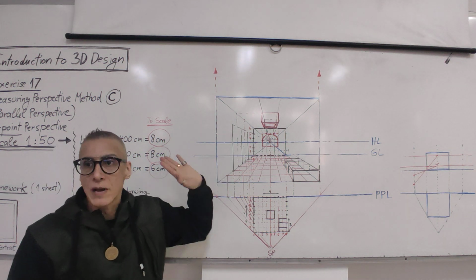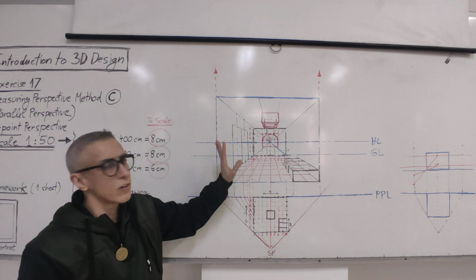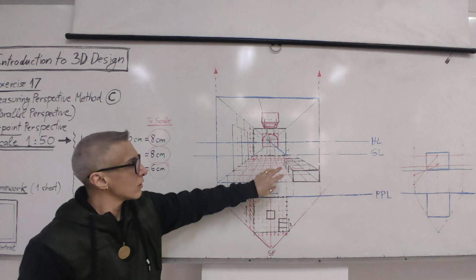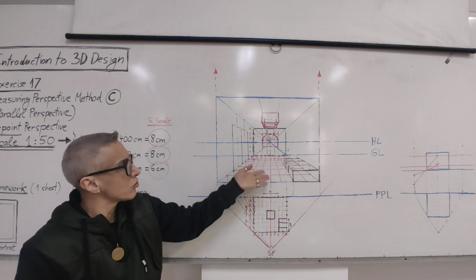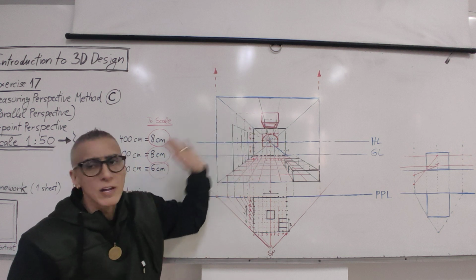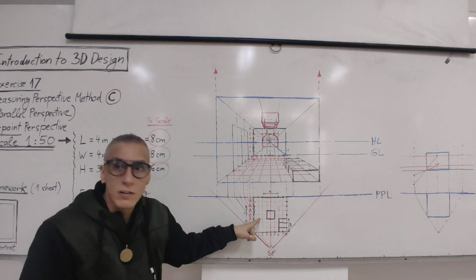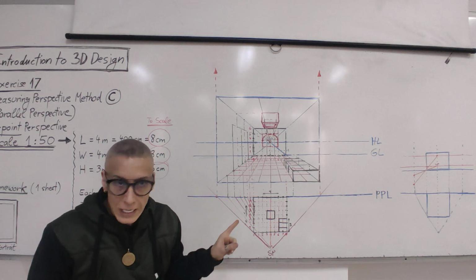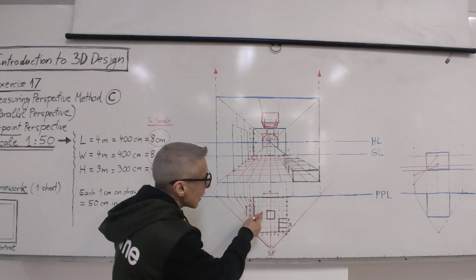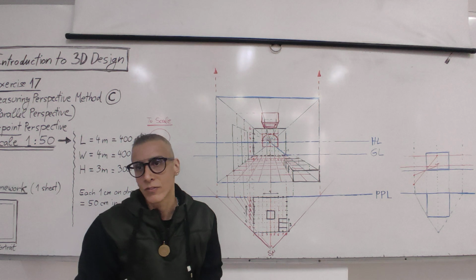The door can be placed anywhere you want. The windows, the sizes you can change. What is inside here, you can put tables, chairs, lamps, whatever you want, okay? But whatever I see here, I need to see it here as a top view correctly. And I need to understand how did you find their locations.